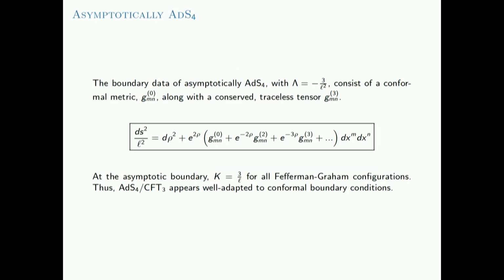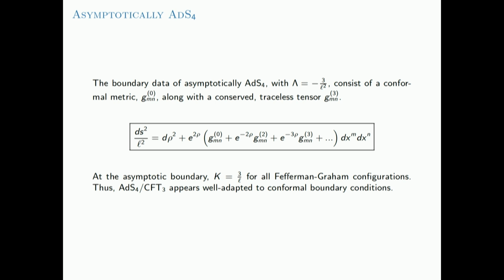And so let me start by reminding you what the structure of asymptotically AdS4 is. At the infinite boundary, we have this type of expansion where the boundary lives at rho equal to infinity, let me remind you. And the data is characterized by a metric, or rather a conformal metric at the boundary of AdS, and a transverse traceless tensor g3, which is typically associated to the boundary stress tensor of AdS/CFT.